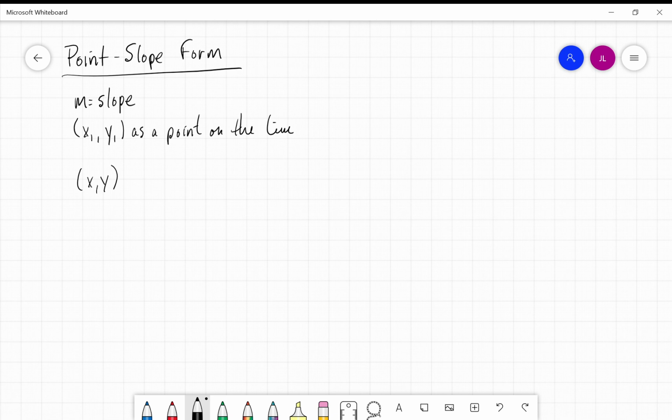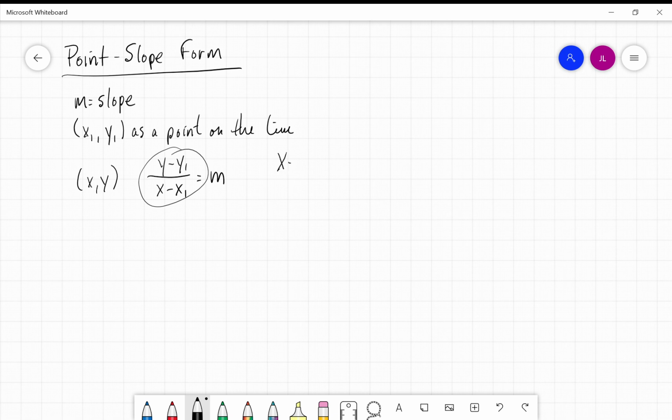we know that we can say y minus y1 over x minus x1 is equal to m, our slope. This is how we calculate slope. We talked about that a few videos ago. So if we want to clear this fraction, we multiply both sides by x minus x sub 1.